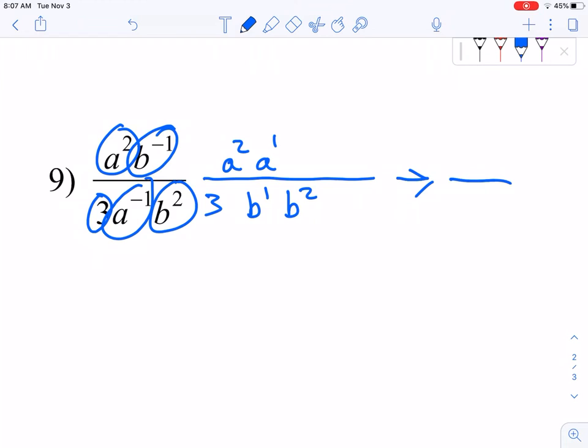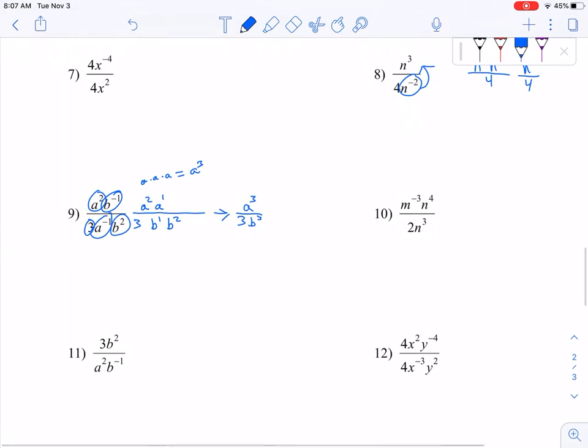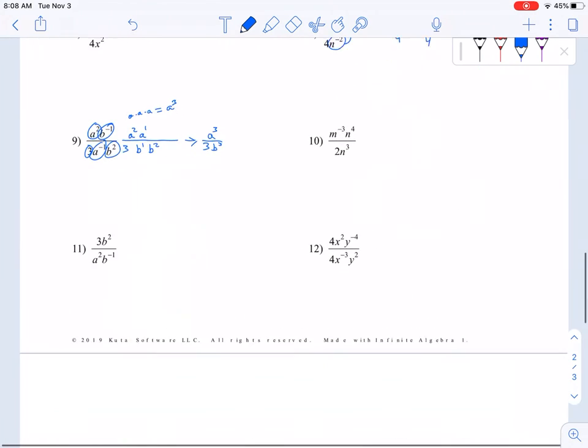So I have 3 a's multiplying up top, right? Because that's a to the 2nd is a times a, and a to the 1st is a, and a times a is a to the 3rd power. And then down below I have 3, and then I have b to the 3rd power. Okay, so that's a little bit just extra there.